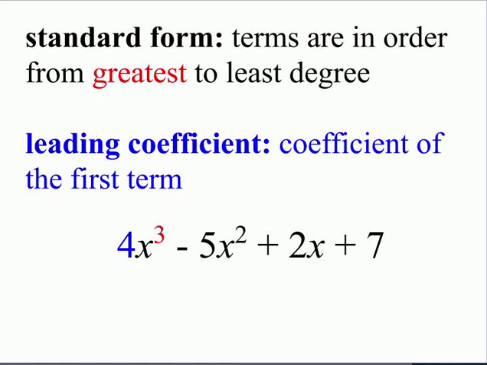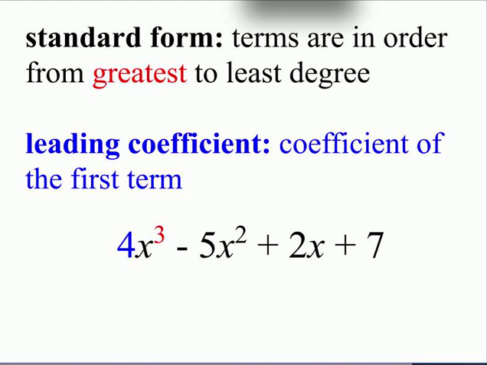Okay, so now we're going to talk about standard form. Standard form basically means that terms are in order from greatest to least degree. It means the exponents are in order. So the highest exponent is first, and it keeps going down.